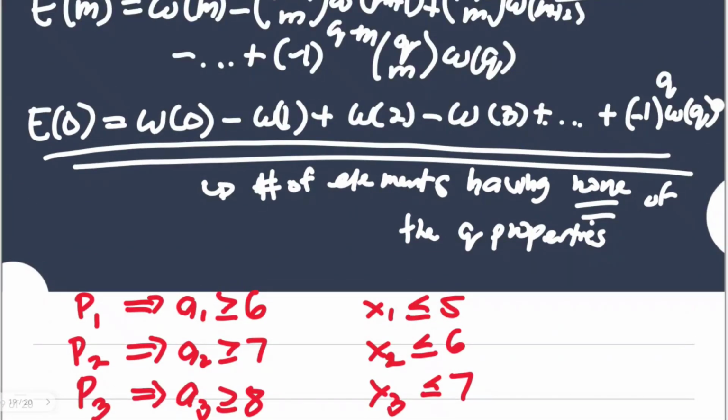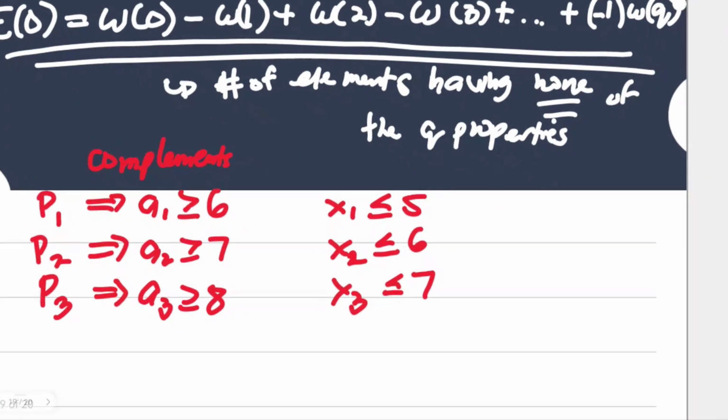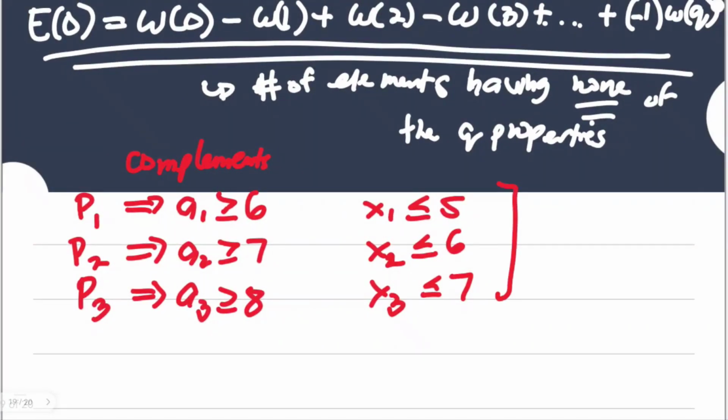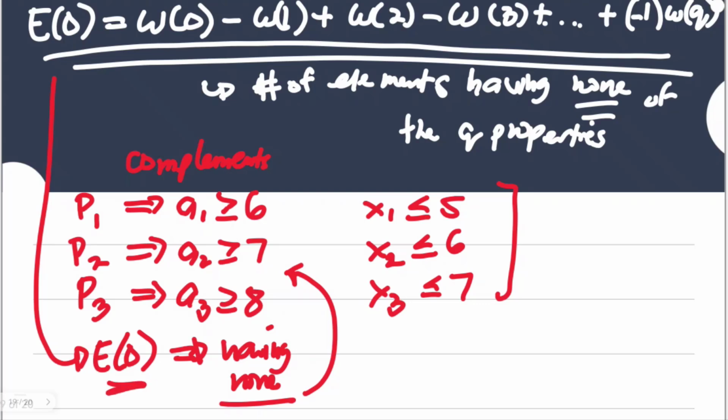Once we identify its complements, these are the complements of our goal. This is our goal. Once we take the complement of this, and then we use E of 0, which tells us the result of having none of these properties, the result E of 0 is actually equal to the result of having these properties here.